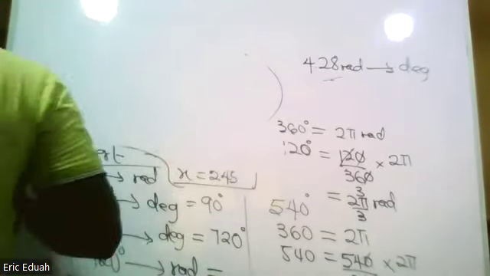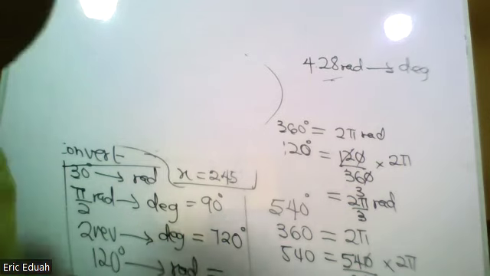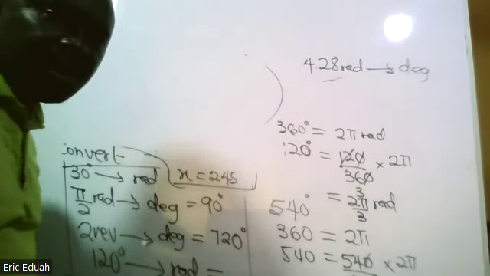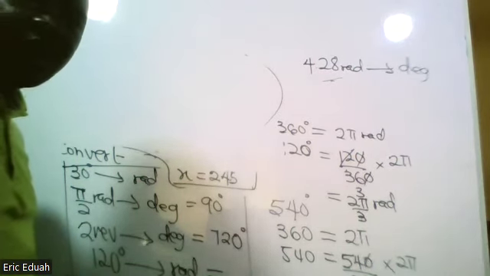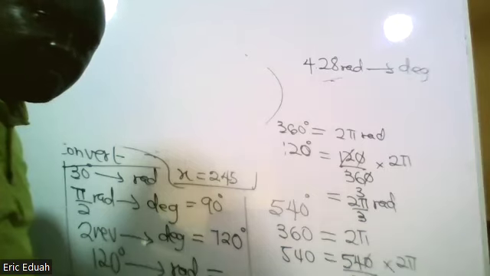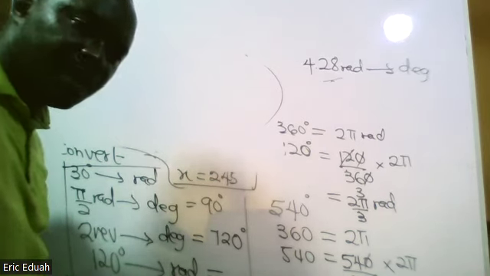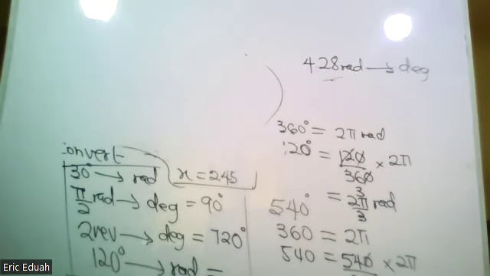Then the last one, I think 540. Okay, Len, what do you make for 540 in radian?